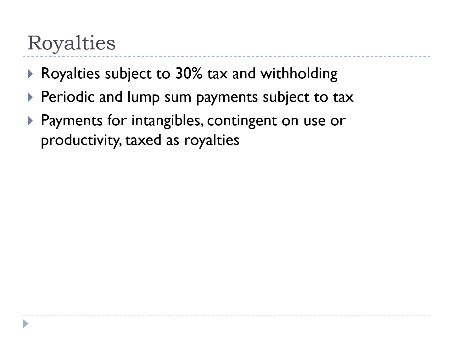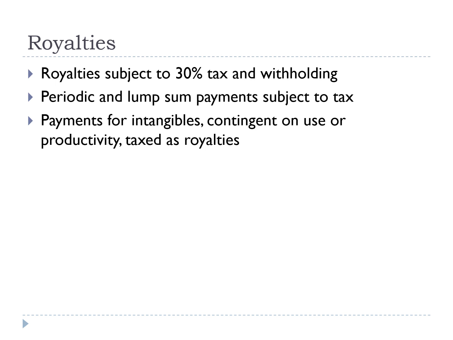Note that payments with respect to transfers of intangibles are generally not considered royalties and are therefore not subject to withholding. However, if such payments are contingent upon the use or productivity of the property that is purportedly sold, then the payments are recharacterized for this purpose and for treaty purposes as royalties that are subject to withholding.